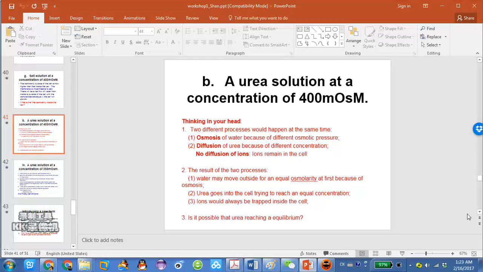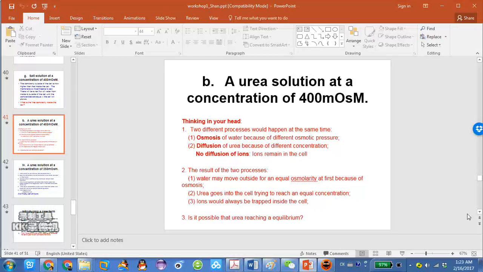When the water comes into the cell, the process will lower the concentration of urea inside of the cell. So the concentration of urea inside the cell will be lower than the outside of the cell.